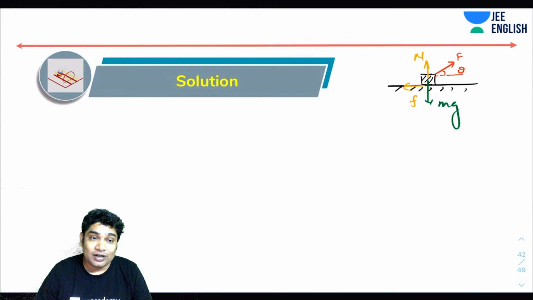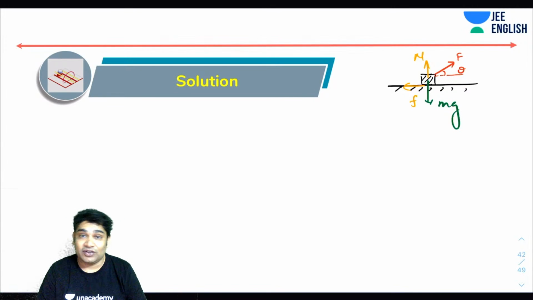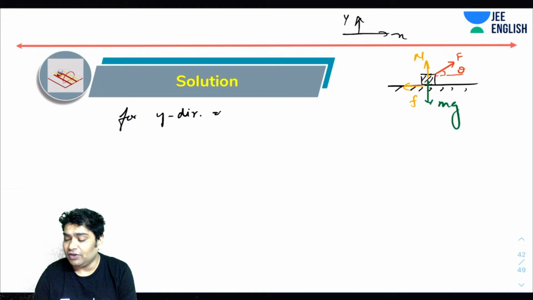Now for just slipping, I immediately know what my friction is. Friction has to be equal to the limiting friction. So this is my y direction and this is my x direction. For the y direction, the equation for equilibrium is N plus F sine theta equals mg.